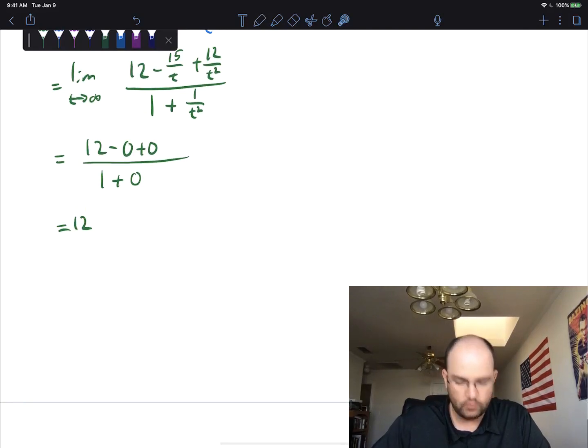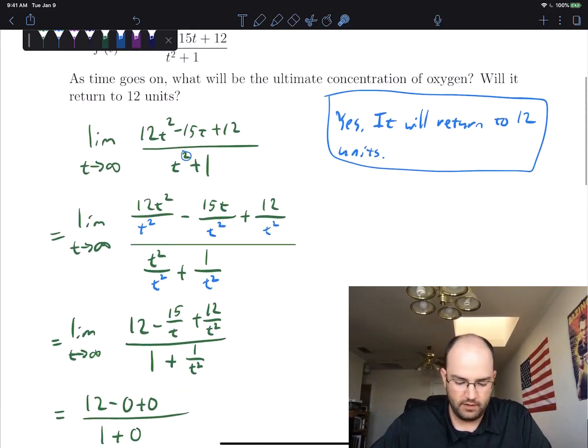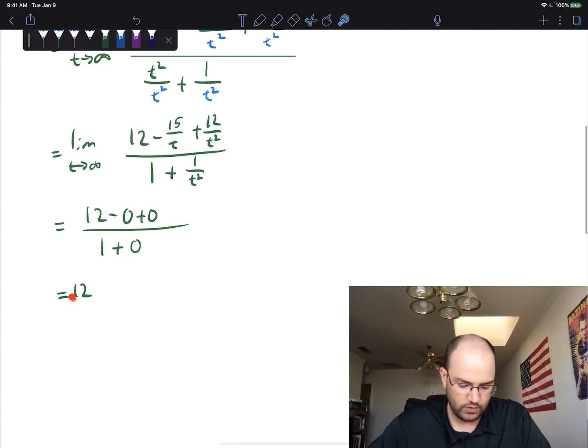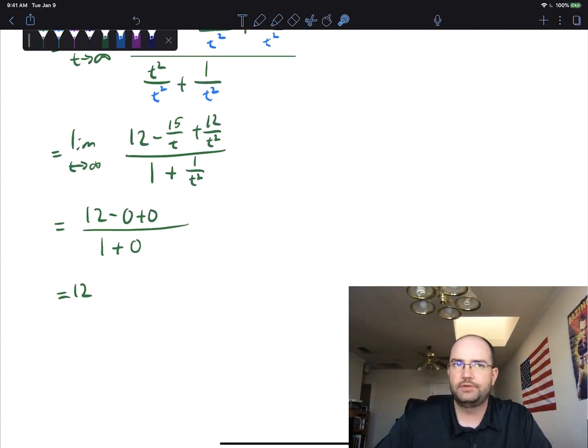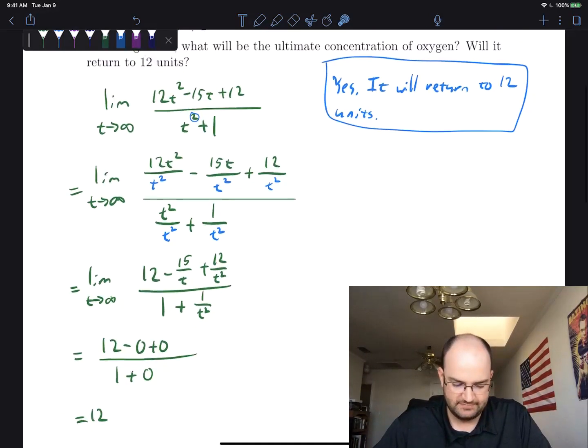This is what we call the horizontal asymptote of this rational expression. So technically, no, it won't actually reach 12, but it'll be so close to 12 for all practical reasons, it'll be 12. In other words, if it's 11.99999999999999999, that's 12. Come on, let's be honest. So the answer is yes.